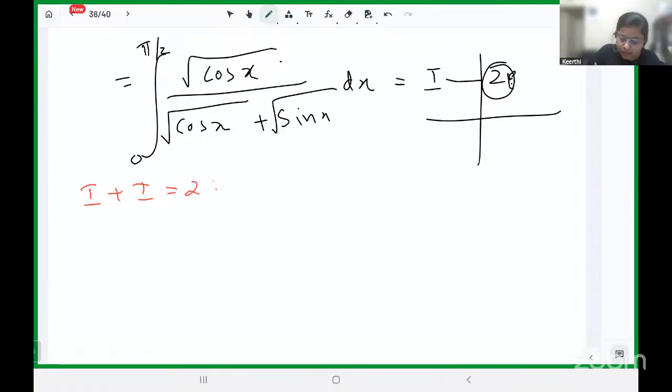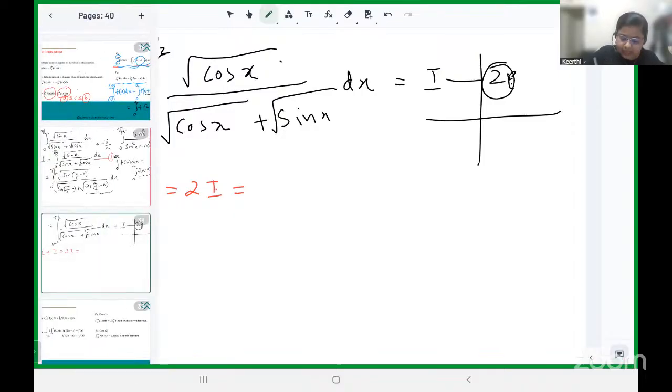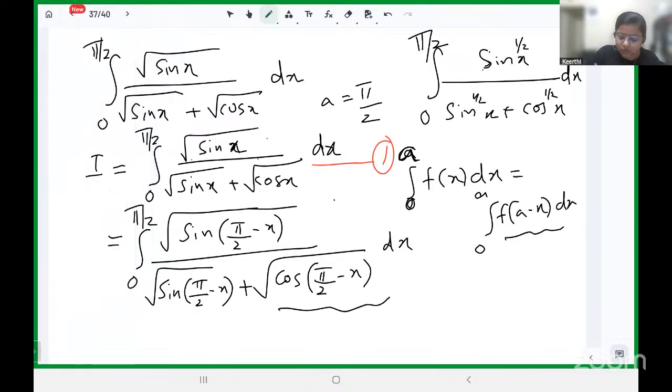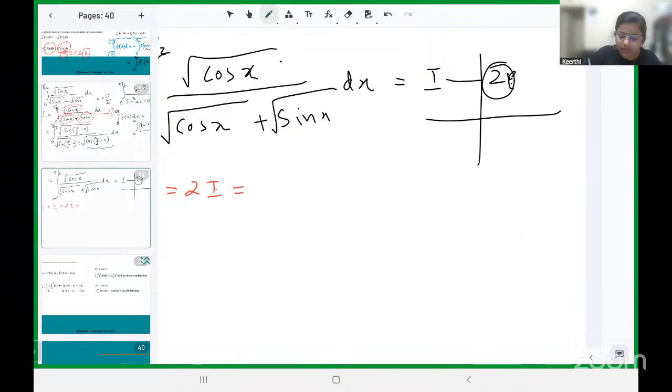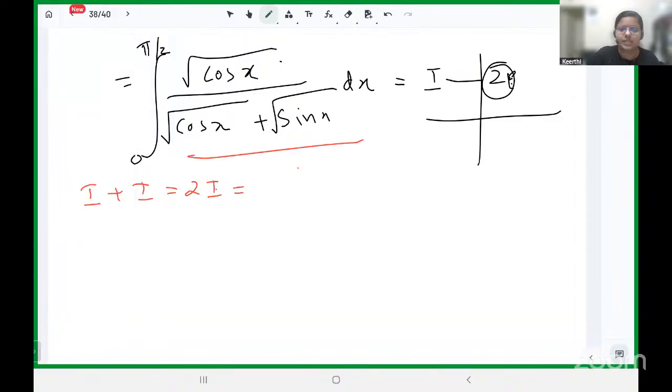That is 2I. 2I is equal to, the first one was integral 0 to pi by 2 root sin x by root sin x plus root cos x. And the second I that we got now is root cos x by root cos x plus root sin x.